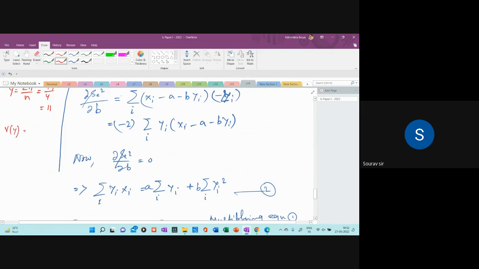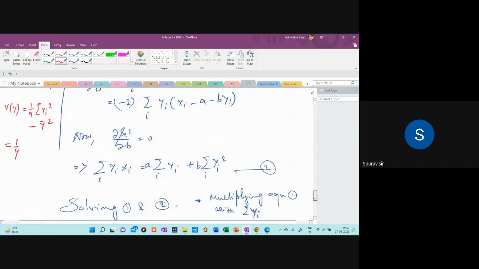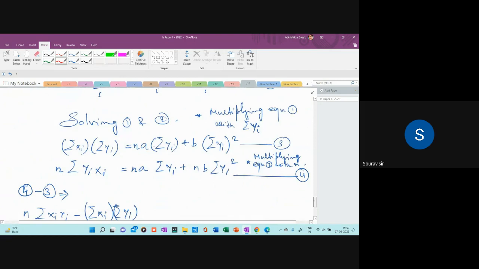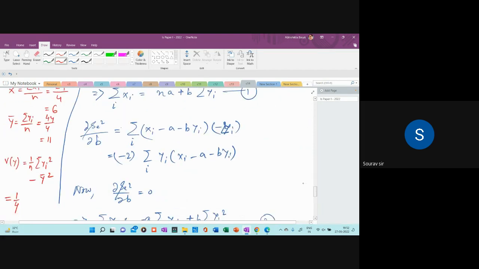Variance of y is 1 by n summation yi square minus y bar square. So 1 by 4, and what is my summation yi square? Let me see, 572. Sorry. This is 572, into 572 minus y bar, which is 11, square.